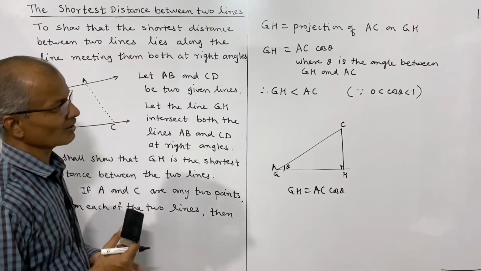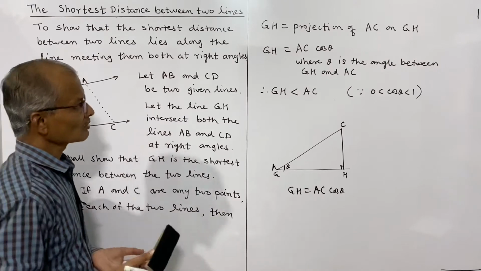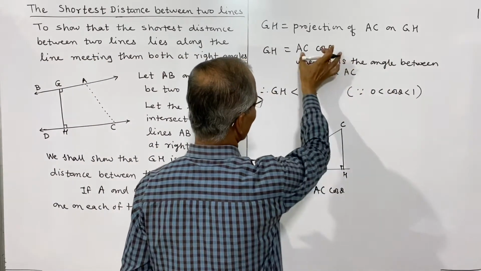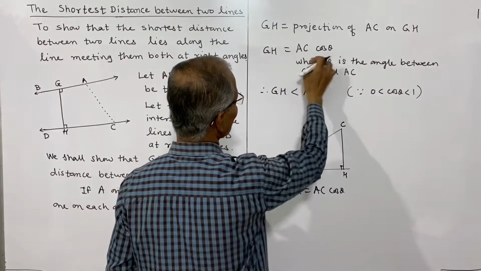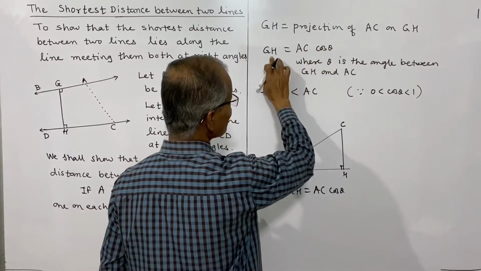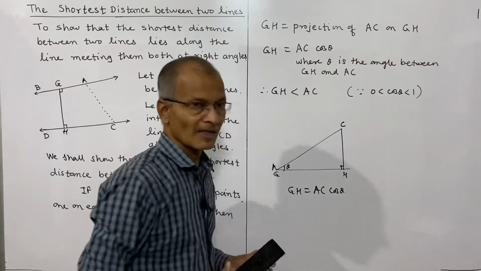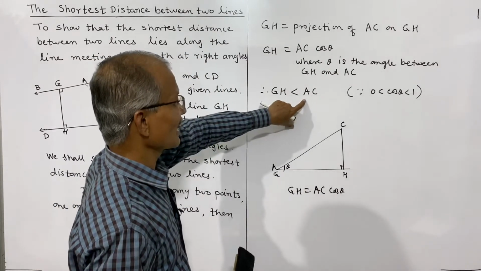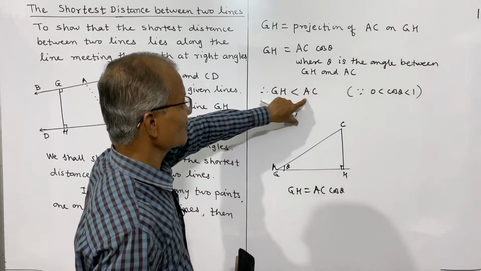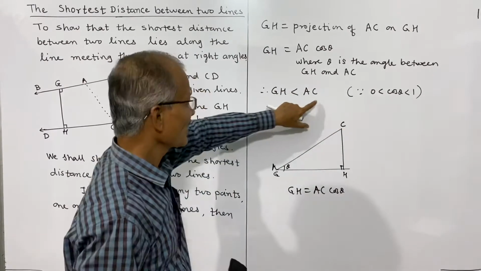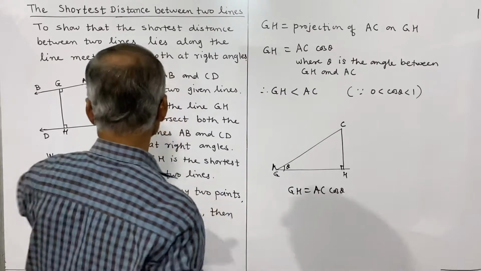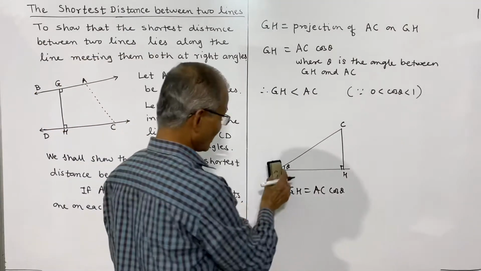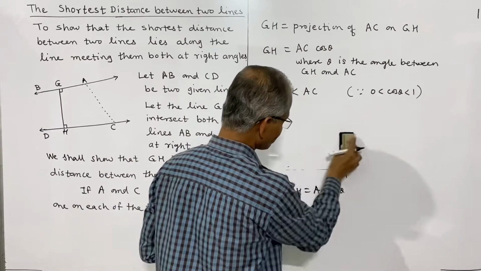Cos of 0 is 1 and cos of 90 is 0. So this value is between 0 and 1, and therefore this quantity is less than AC. GH is a smaller distance than AC because it is multiplied by a fractional number, and therefore GH is the shortest distance between two lines. So that is the result that we have shown.